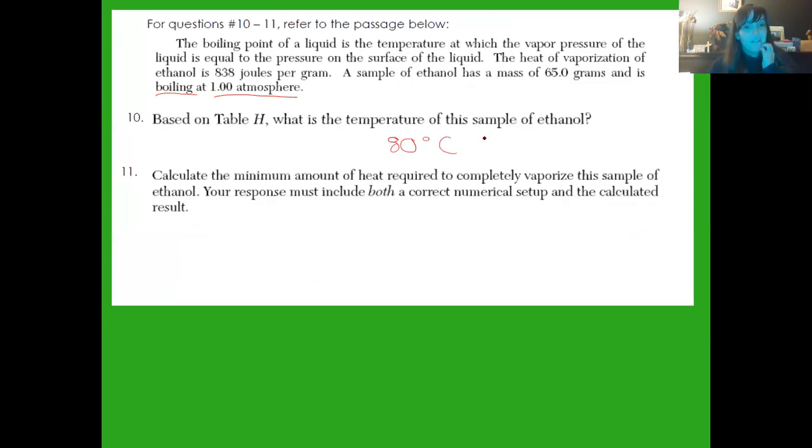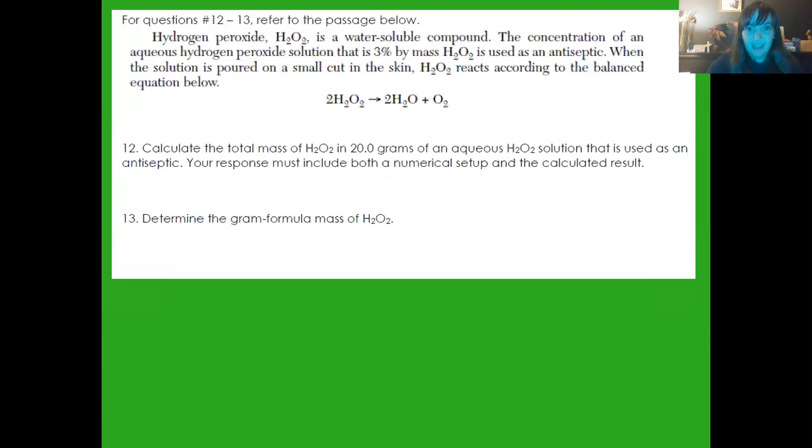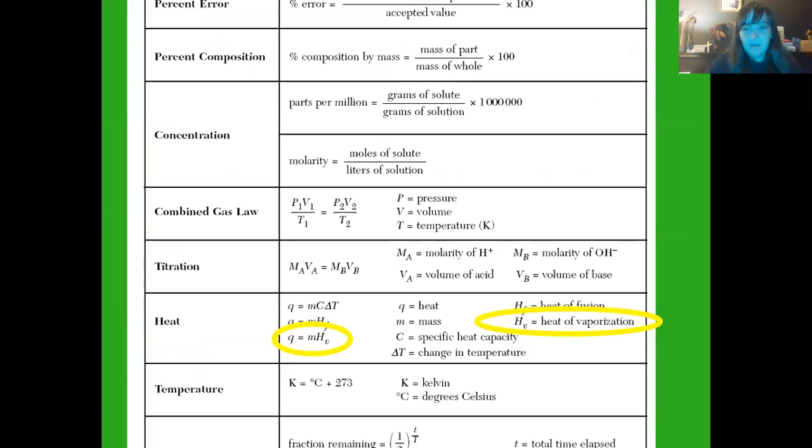Okay. For number 11, it says to calculate the minimum amount of heat required to completely vaporize this sample. This is also a review question from the very first unit of the year when we studied heat. There are 3 heat equations on the back of your reference table.